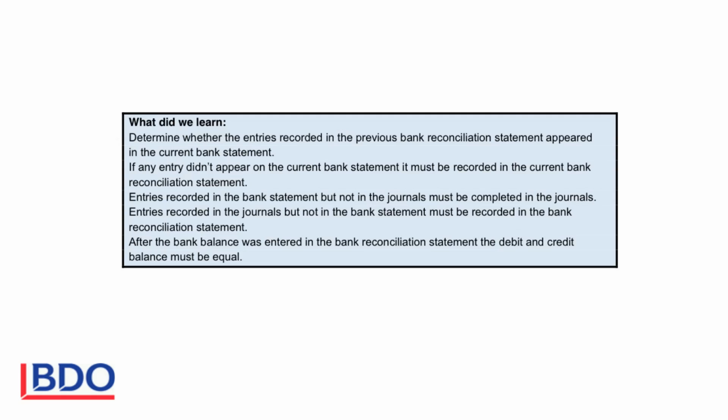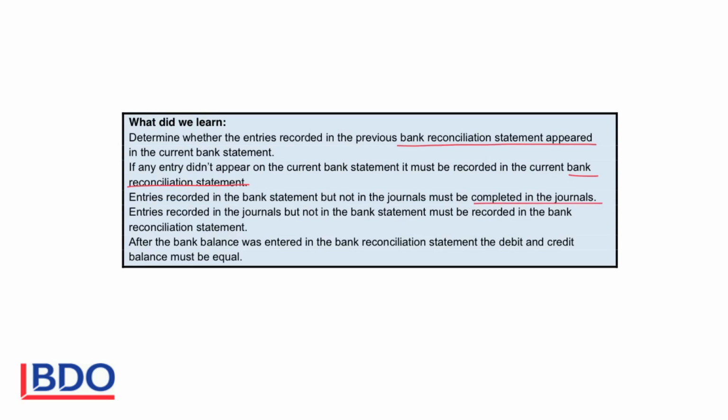What did we learn today? Determine whether the entries recorded in the previous bank recon appeared on the current bank statement. If any entry didn't appear on the current bank statement, it will be recorded on the next bank reconciliation statement again. Entries recorded on the bank statement but not in the journals will be completed in the journals.